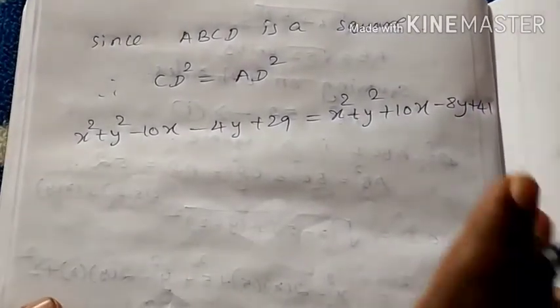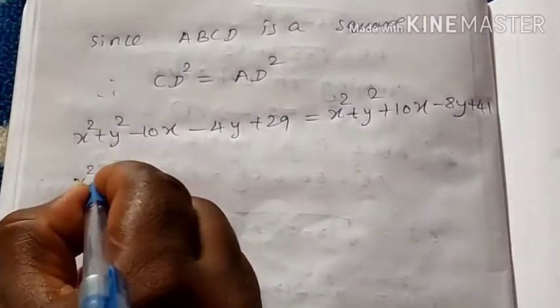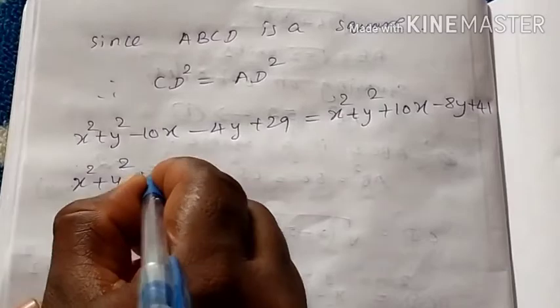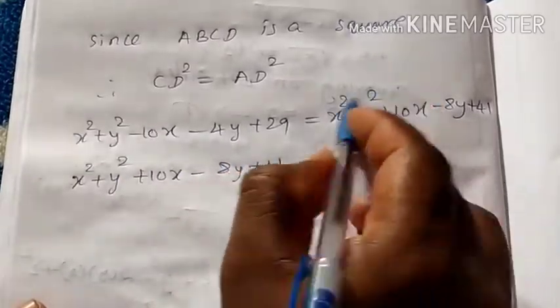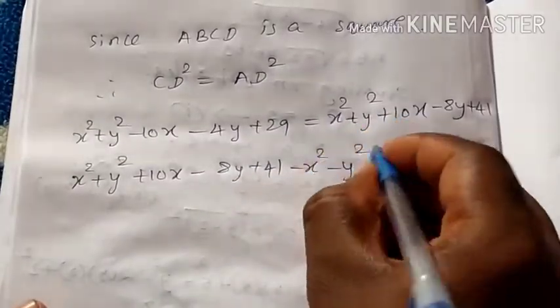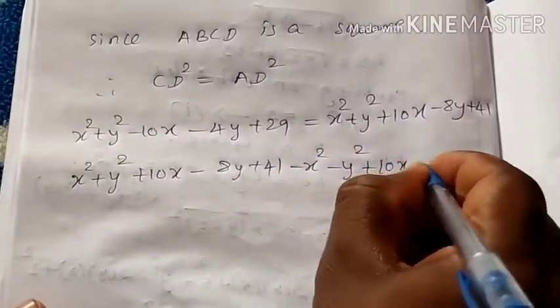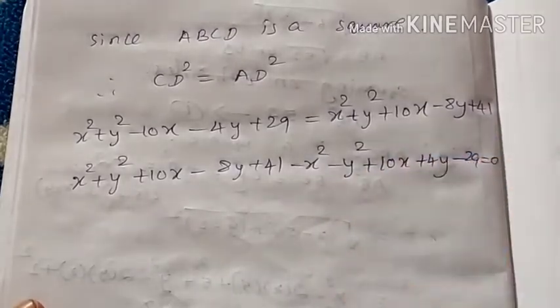This is the AD square value. Make the transposition: we get x square plus y square plus 10x minus 8y plus 41 on the RHS side. We get minus x square minus y square plus 10x plus 4y minus 29 equal to 0.